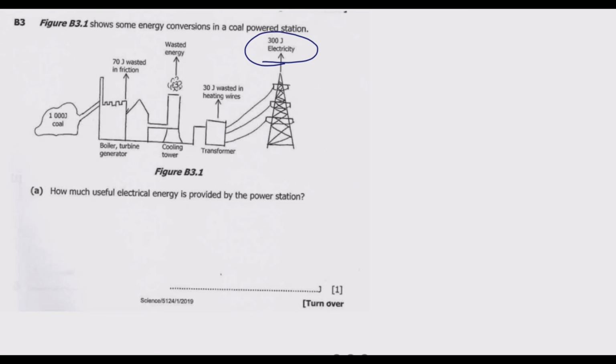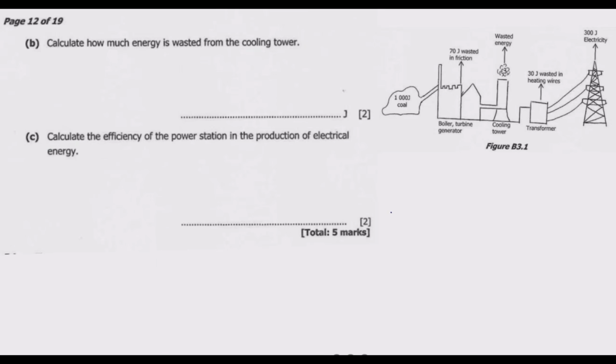So we are starting with 1000, then this is what is being supplied to the households or the industries. So we have basically 300 joules as the useful energy. Then let us go to question B.